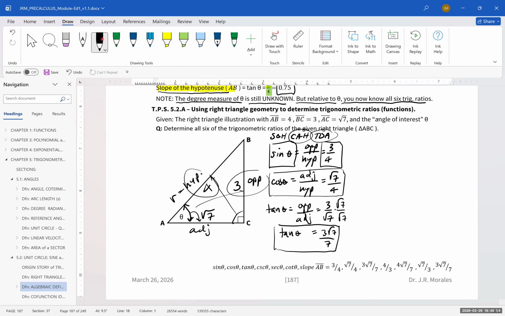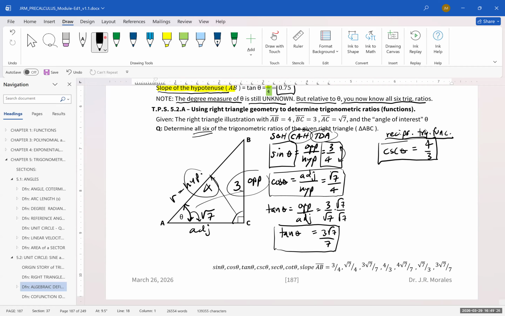Okay, we want all six trig ratios, so let's do the reciprocal trig functions next. The reciprocal of sine is cosecant, and all you need to do is reverse the numerator and denominator.